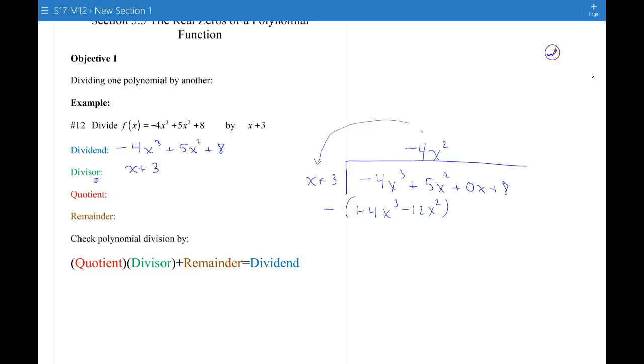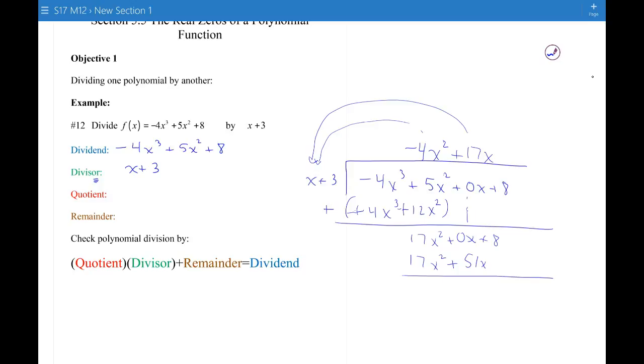And remember, subtract means add the opposite. So I'm going to have 17x squared plus 0x plus 8. So then I'm going to have plus 17x. Multiply, I'm going to get 17x squared plus 51x. These came down from above. And I'm going to subtract, which means change all the signs and add. So I have negative 51x plus 8.